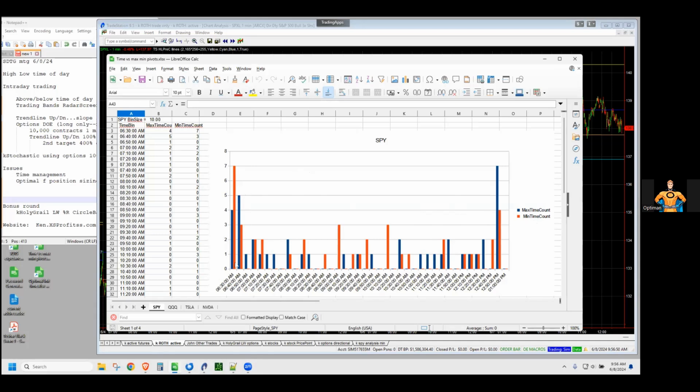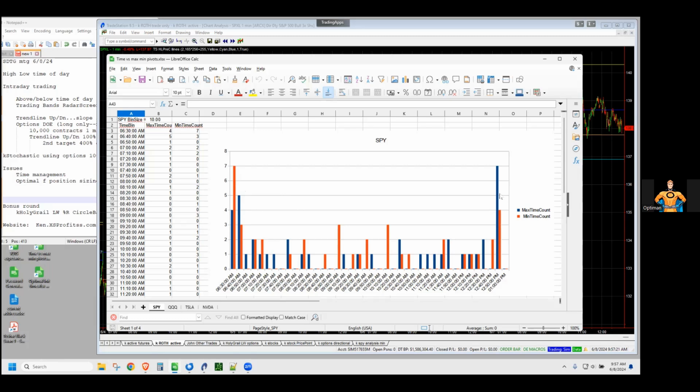This looks at the last 2-3 months, and it says there were seven times when it happened in the first 10 minutes. This is time of day: 6:30, 6:40, going in 10-minute increments all the way up. So you see there is a little bit of a bias toward this being the high or the low point of the day in the first 10 minutes.